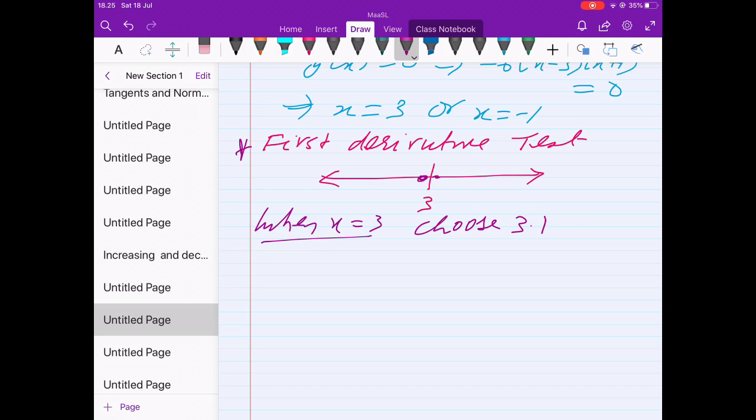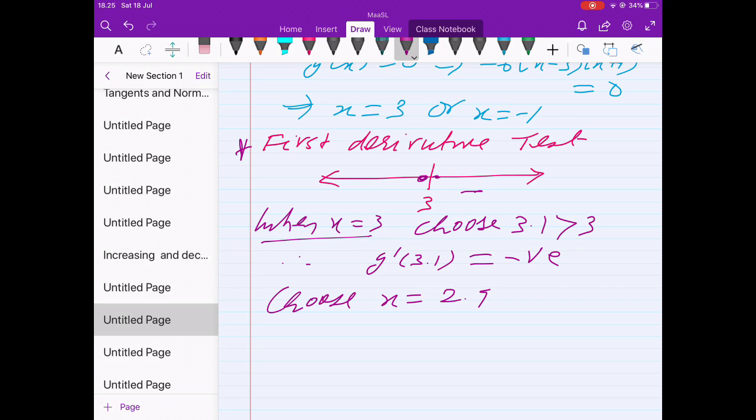Choose 3.1, which is greater than 3, and therefore g'(3.1) will be negative. Choose x equal to 2.9 on the left side, which is less than 3, and the gradient at 2.9 will be positive. So for smaller values the gradient is positive, for bigger values the gradient is negative. Therefore x is equal to 3 is a point of maximum.